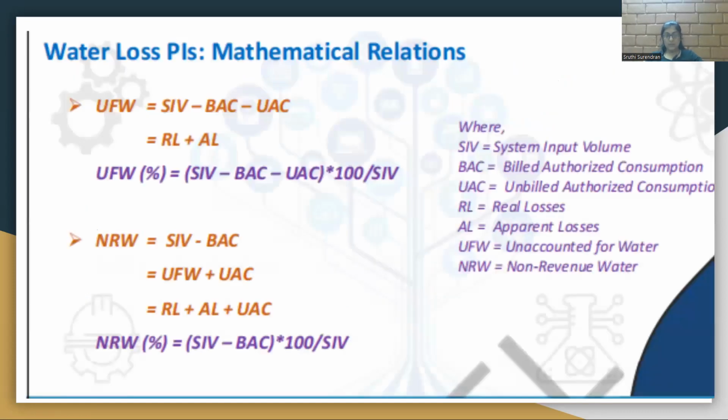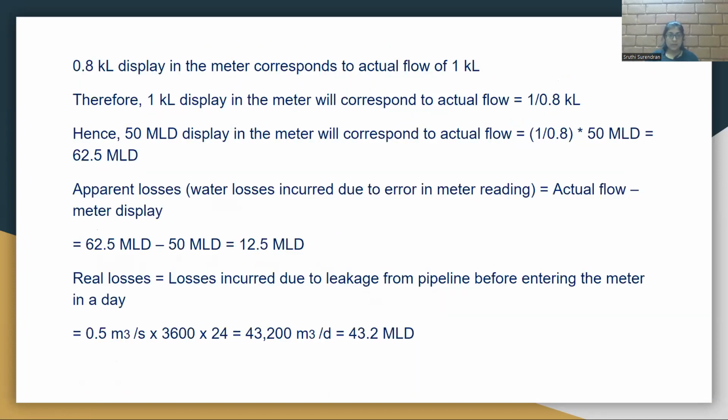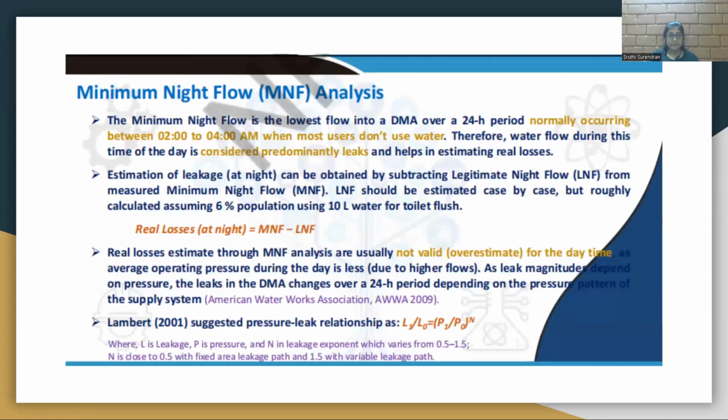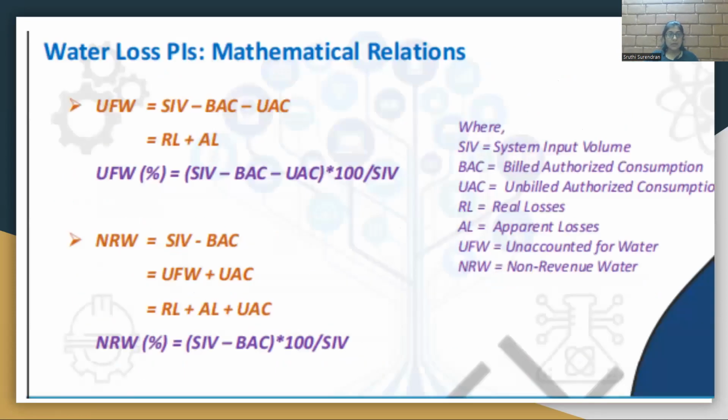I'll show the questions, but before that, maybe we just refresh the mathematical relations. Unaccounted for water can be found by finding the difference of the system input volume and the billed authorized consumption and the unbilled authorized consumption.